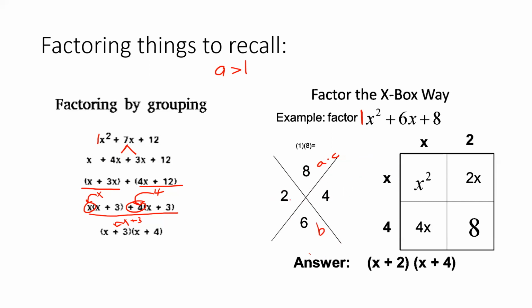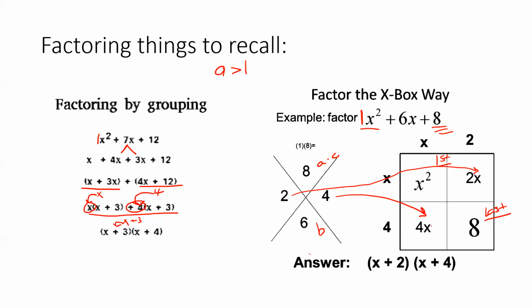I get my two numbers. I end up with 2 and 4. These two numbers are going to go inside of a box. So you have your square. The first box is your first term, and the last box is your last term. First term, last term. Okay? Your two middle boxes come from the X. The X tells you what your missing X is.